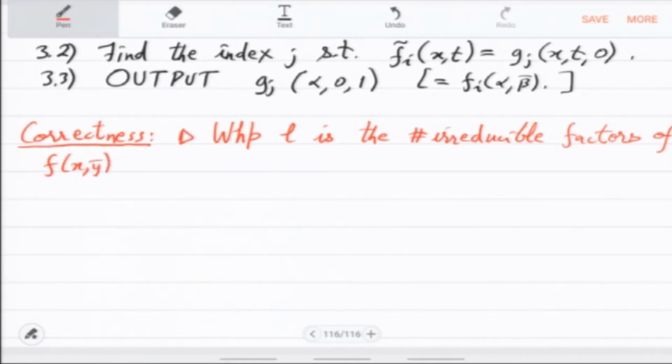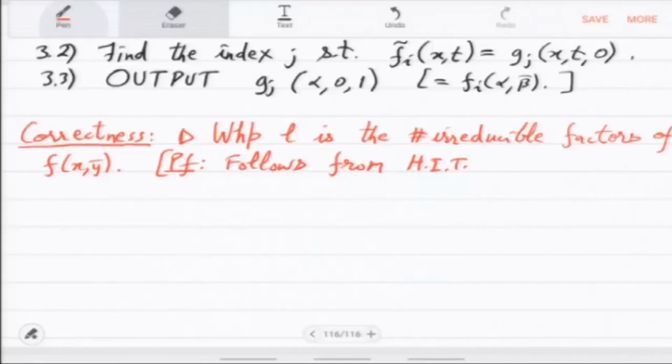Why is that? Well, this follows from Hilbert's irreducibility theorem. Right, because pick any irreducible factor of f, let's call it fi, under the bivariate projection that we have used, fi will also remain irreducible.